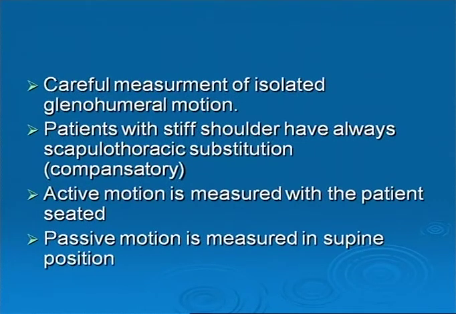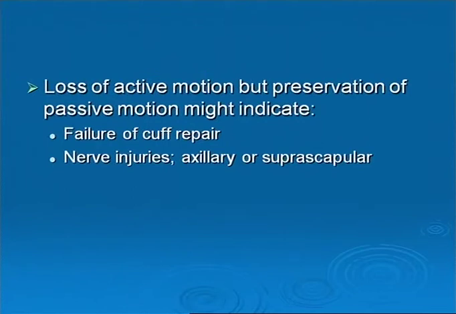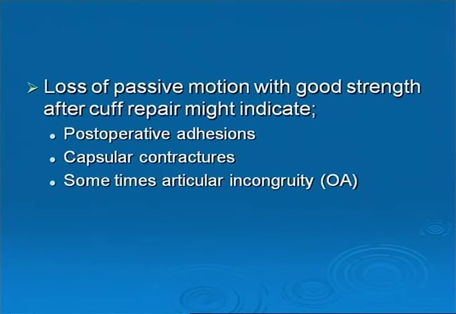Active motion might be tested when the patient is seated, and passive motion is measured in supine position to lock the scapula. If you have loss of active motion but preserved passive motion, it might indicate a failure of cuff repair or sometimes nerve injuries, such as the axillary or suprascapular nerve.